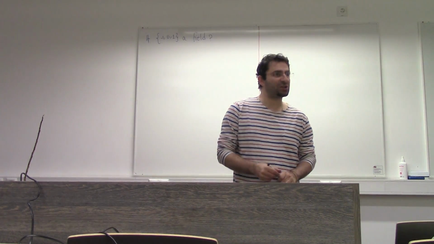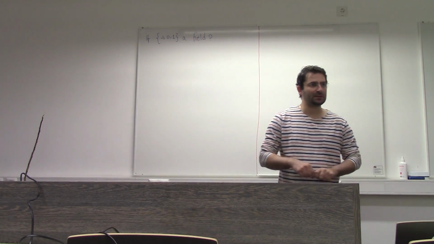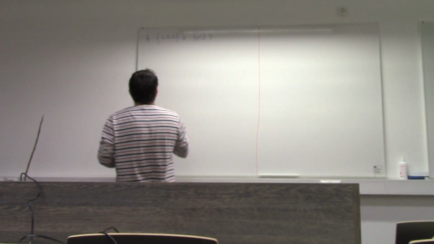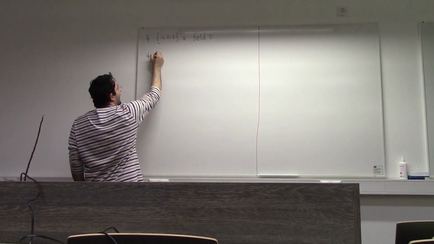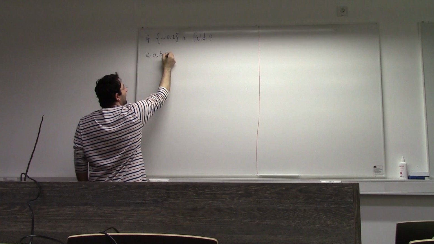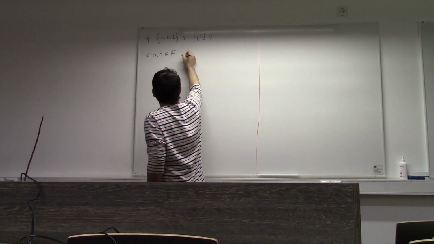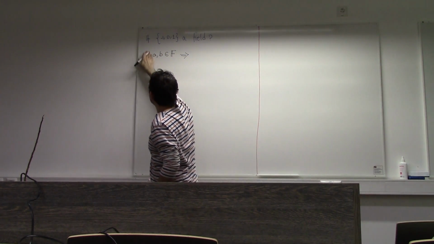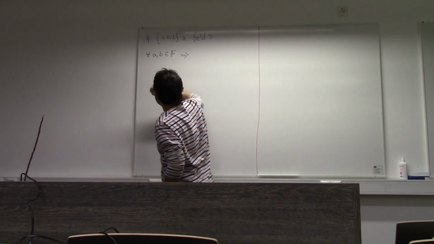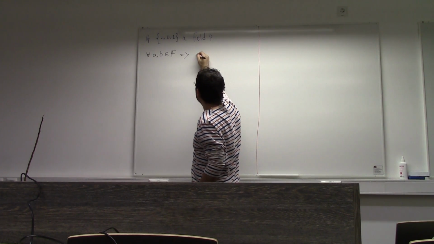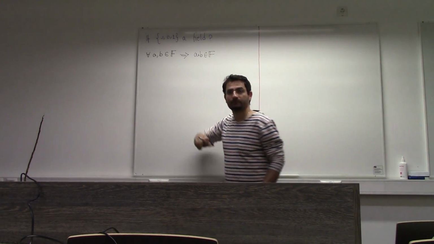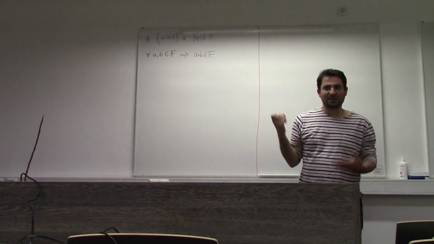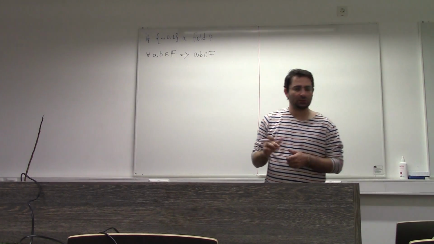Let's start with addition. What did the addition property say? It said that for any A and B belonging to F, A plus B is also inside our field, right? This is the definition of being closed.